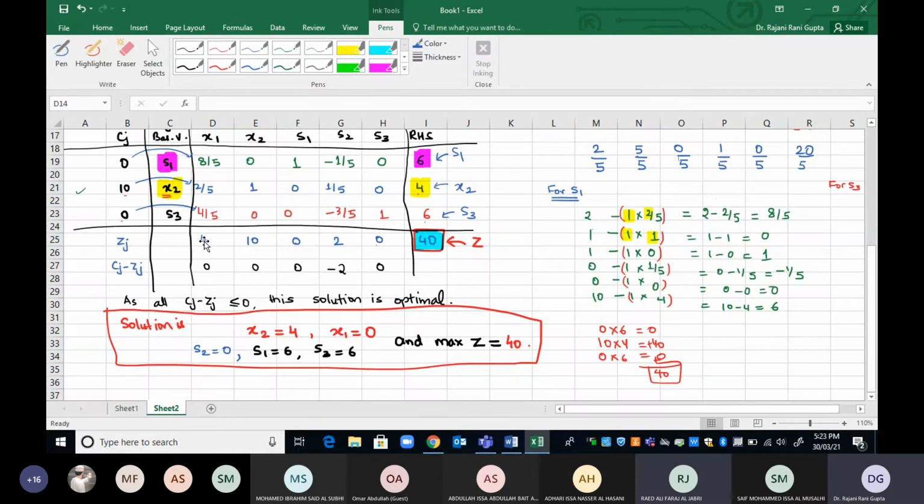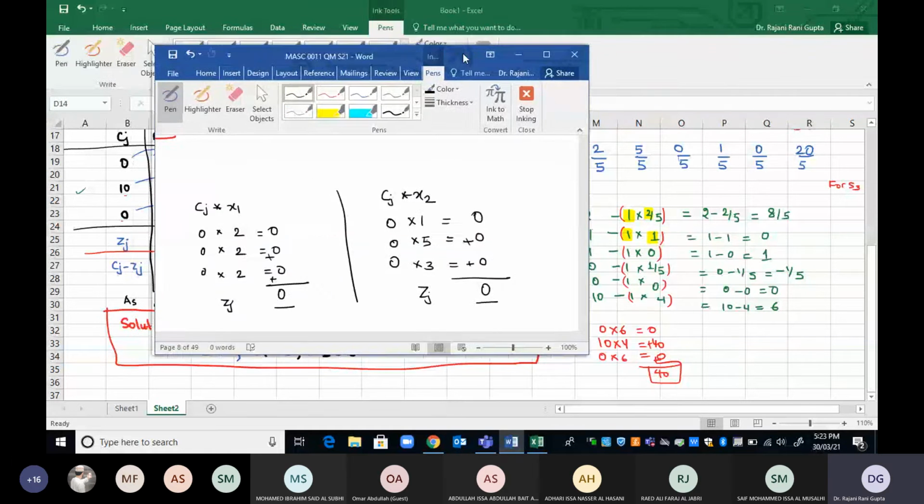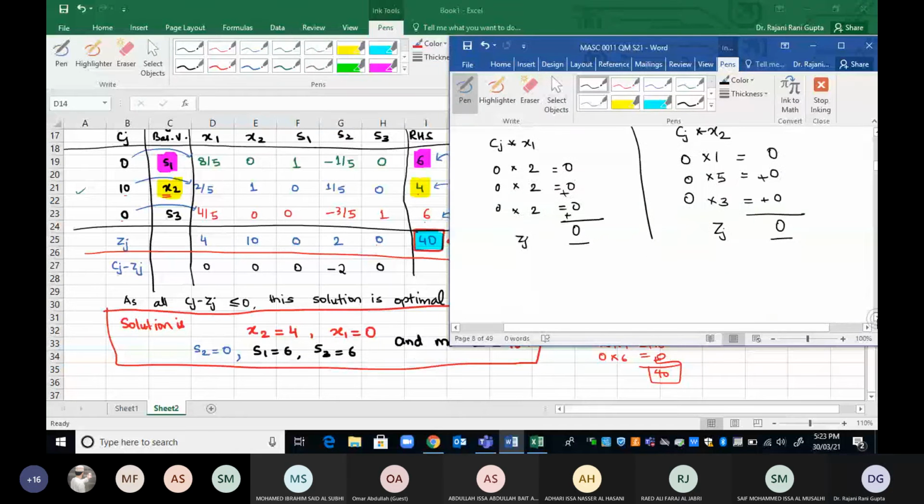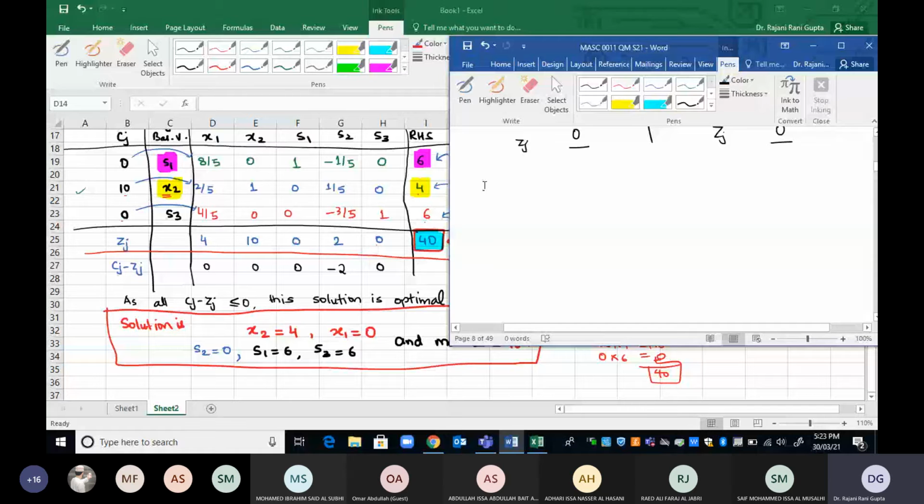No, okay, let me repeat it from here, from ZJ. So how do we calculate ZJ actually? You remember this thing I explained for ZJ? Now let's take it here. You have the numbers 0, 10, 0 here, which is your CJ. Here the numbers are 8 over 5, 2 over 5 and 4 over 5, below x1.